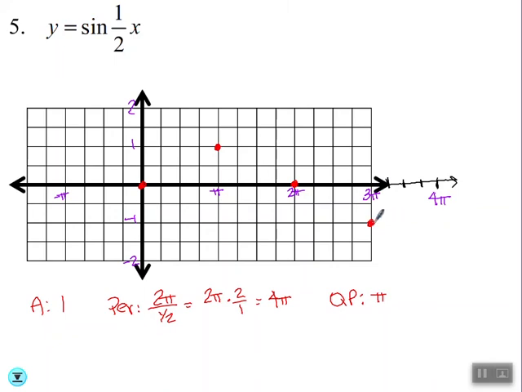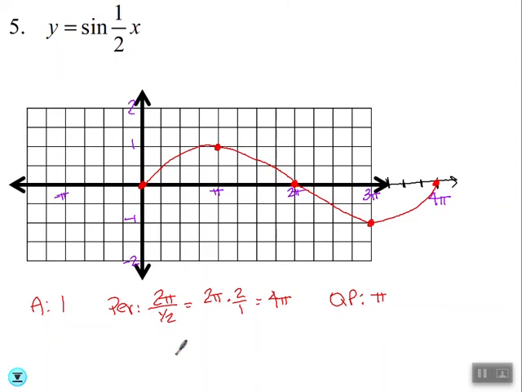And our last key point will be at 4 pi. So you can see that we have stretched out the length of our graph. So let's connect the points. And there we have one period of our sine curve.